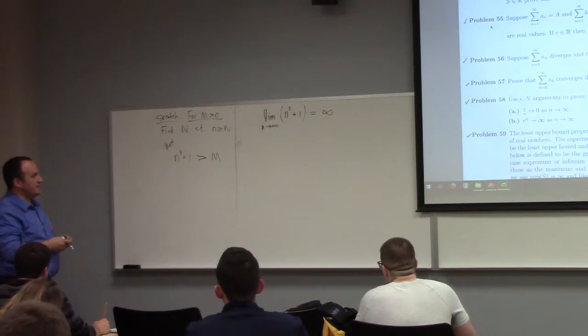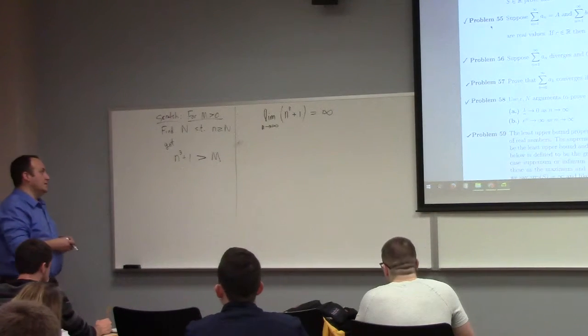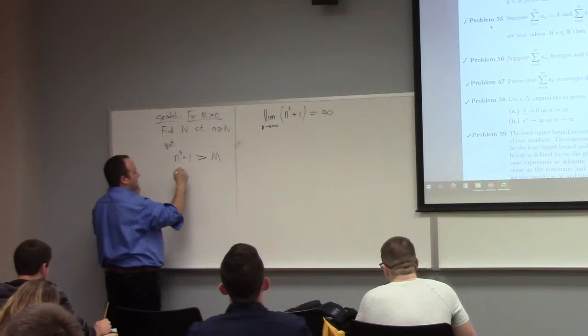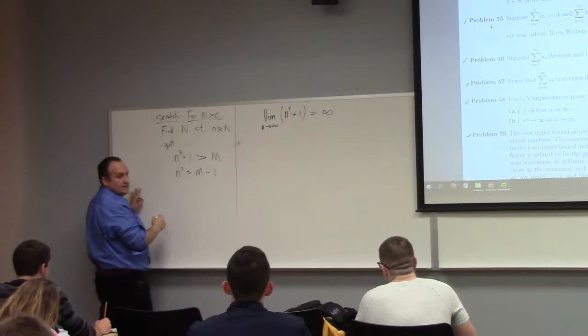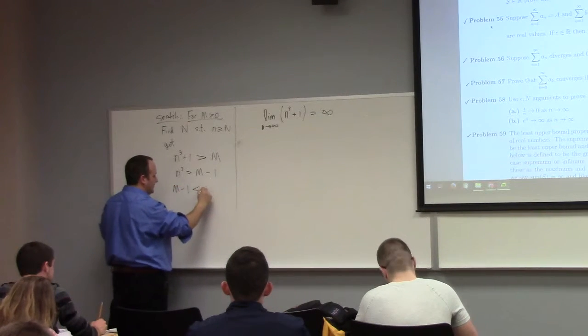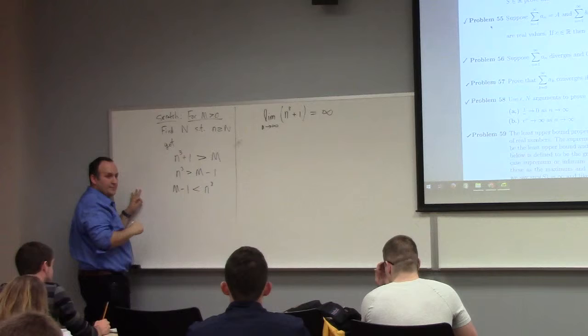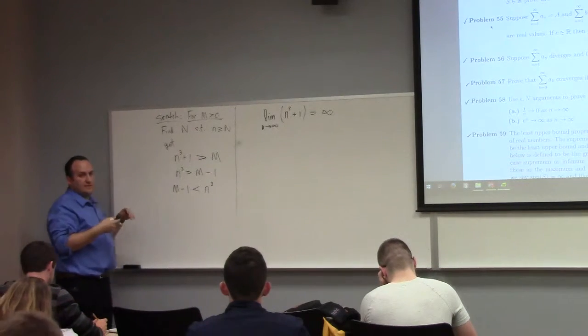In other words, I can show that the values of the sequence are unbounded. I can make them bigger than any positive M I pick. So I look at this. This gives me n cubed is greater than M minus 1, right? So if I take the cube root, is the cube root an increasing function?